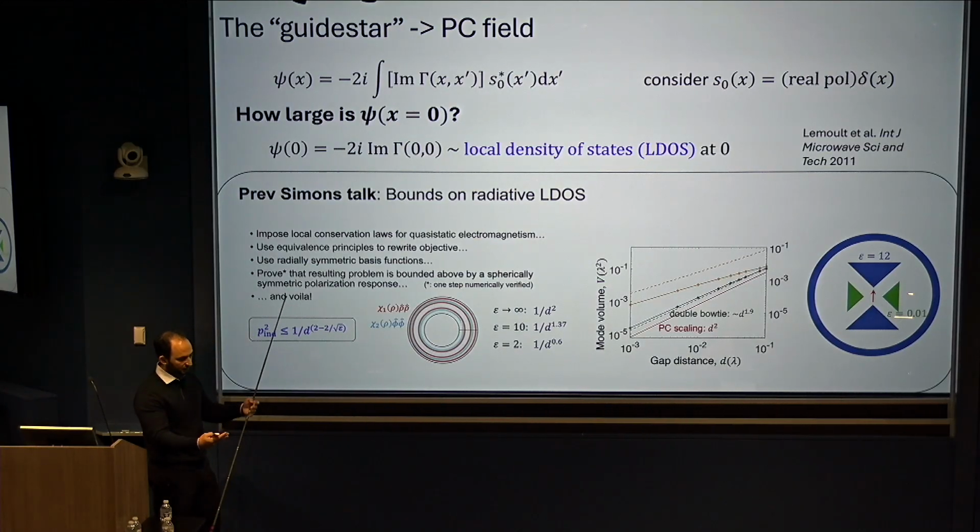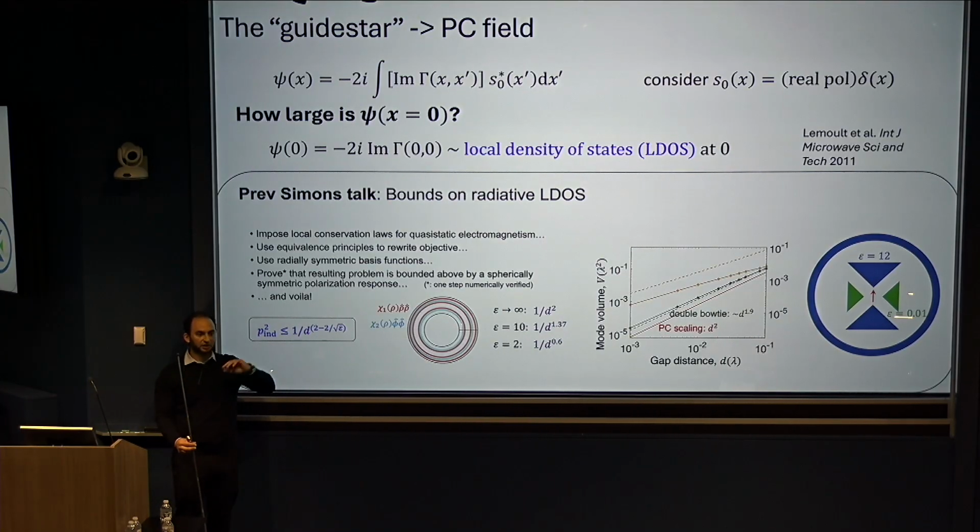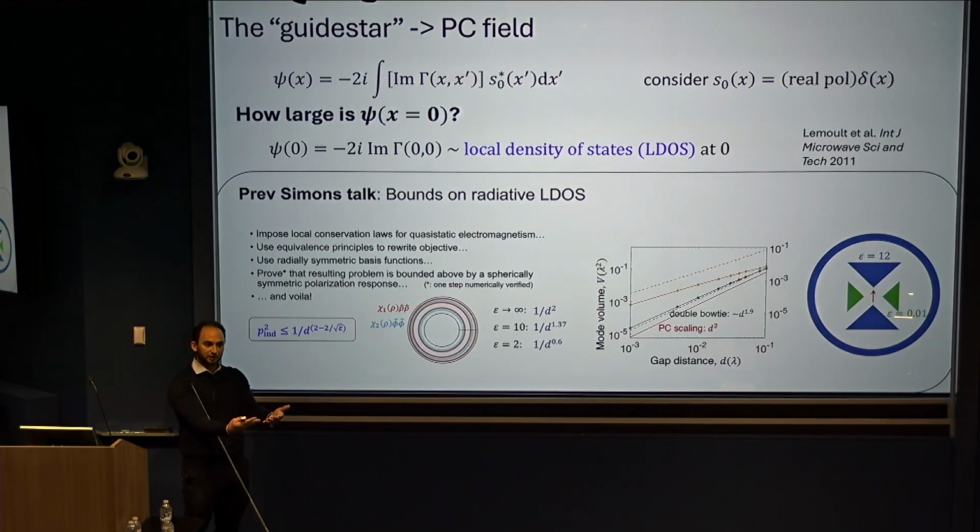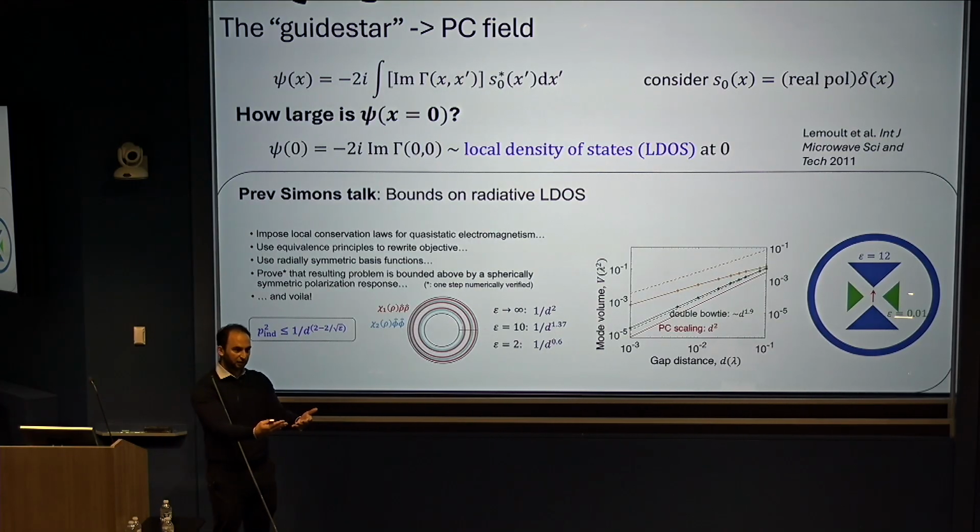What we've seen is that as you take structures that come closer and closer to a point source, you can get a local density of states that scales in a limit like 1 over d squared. So if you do this time reversal process with structures that are very close, you can certainly get below diffraction limited focusing because you now have a near field. The bound on how large that field can be as these structures come in scales like 1 over d squared.